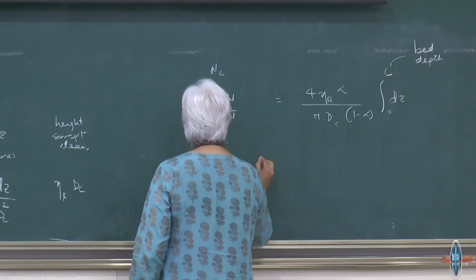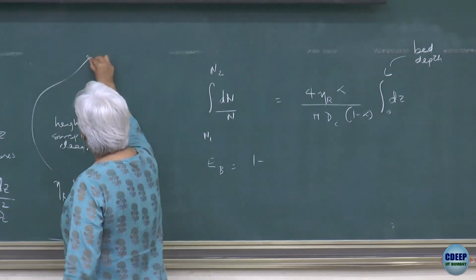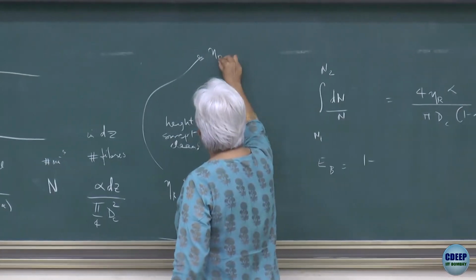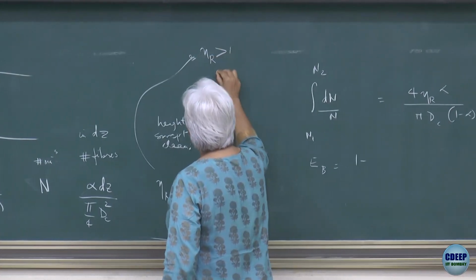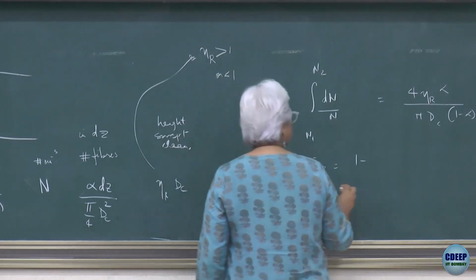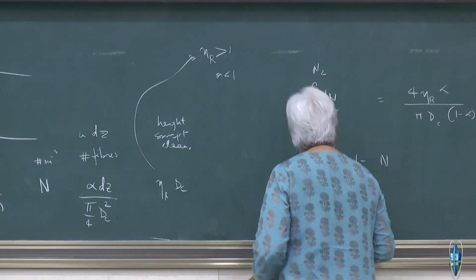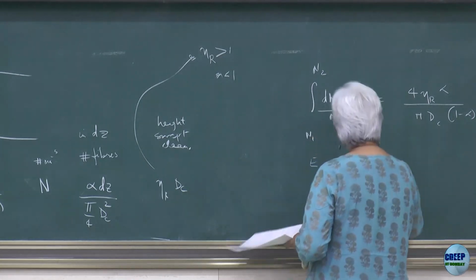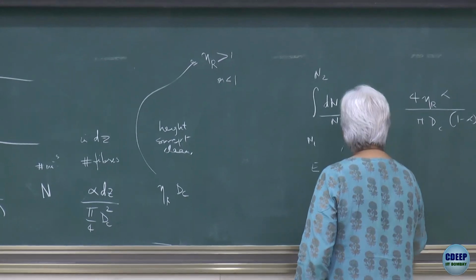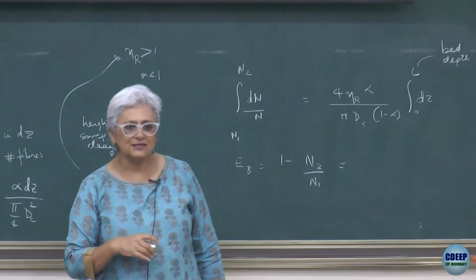Now this bed efficiency, so we had said eta r can even be greater than 1 or it can be less than 1, right? Now this bed efficiency is 1 minus n2 by n1, or n1 minus n2 by n1. And this bed efficiency is always going to be less than 1, right?